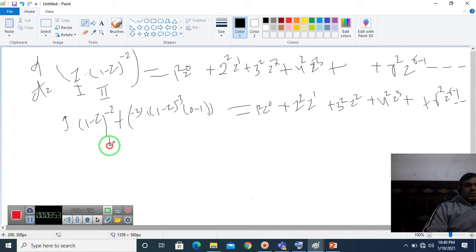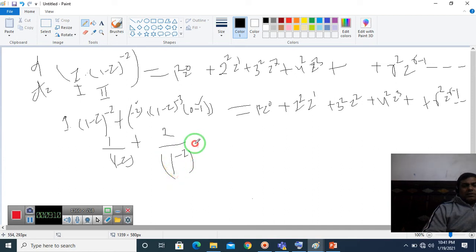After the solution we get 1 upon 1 minus z, plus this minus and this minus. After the multiplication you will get (1 minus z) cubed, and there is a square; this term remains the same.